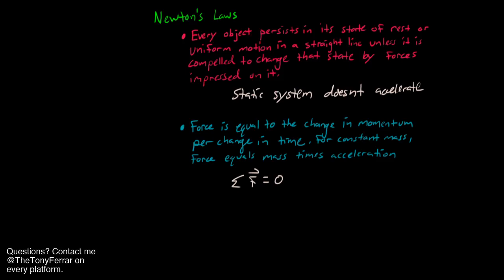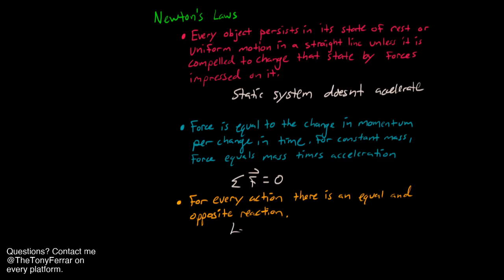And lastly, Newton's third law tells us that for every action, there is an equal and opposite reaction. This is important because what it implies is that we have applied loads. That's what we've been looking at so far when we come up with the resultant force of all the forces acting on our system.